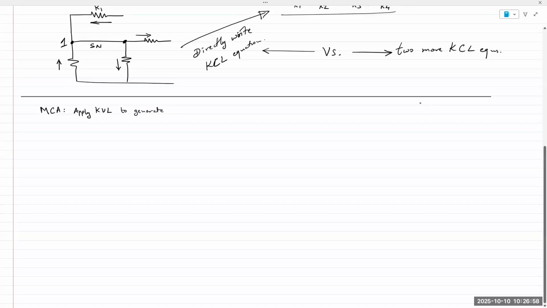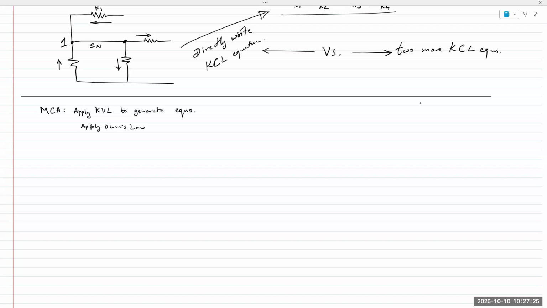And then again, Ohm's law to express each voltage in that KVL expression as a function of the mesh current.